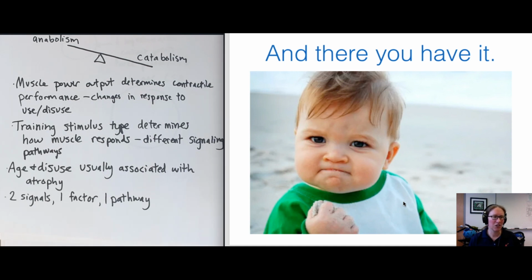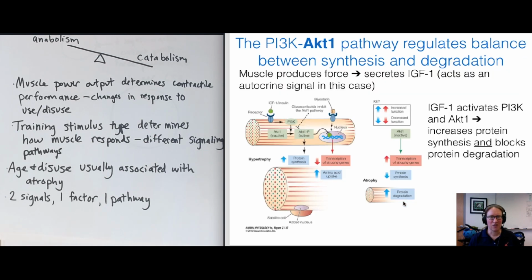Atrophy is typically associated with age and disuse, but again, it's not always associated with that. Hopefully this has highlighted the involvement of two signals, PGC1-alpha-1 and PGC1-alpha-4, myostatin as a regulator of overall muscle mass, and the role of the PI3K-AKT1 pathway in regulating this balance between synthesis and degradation.